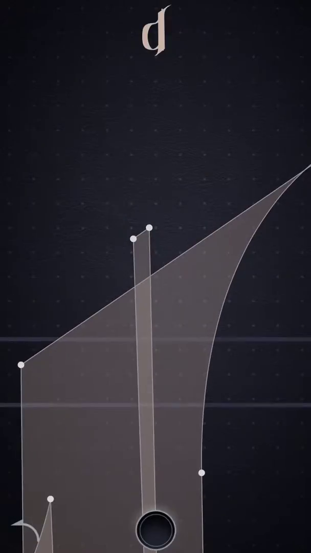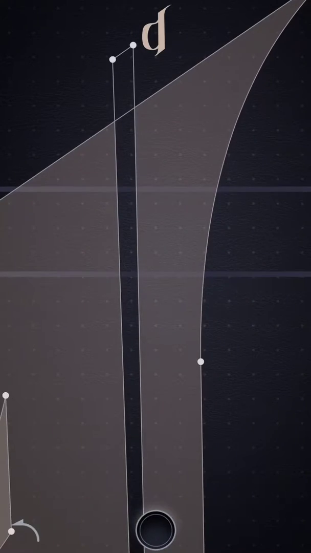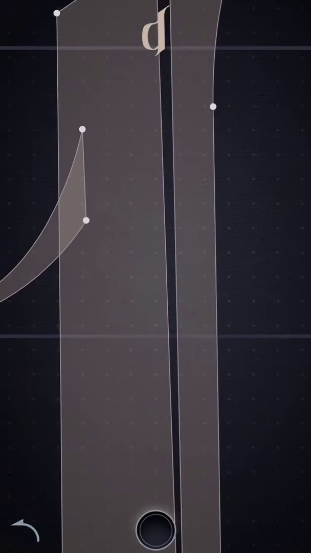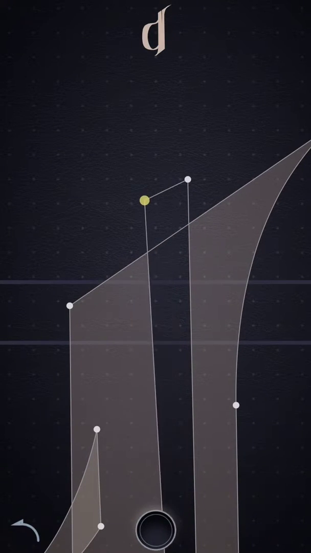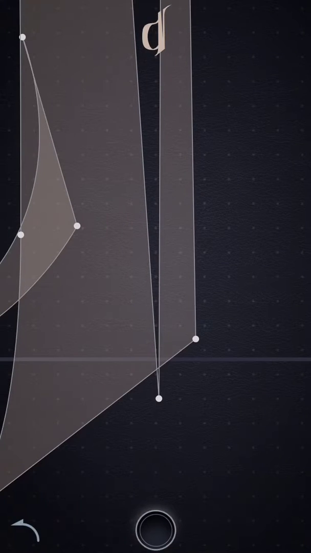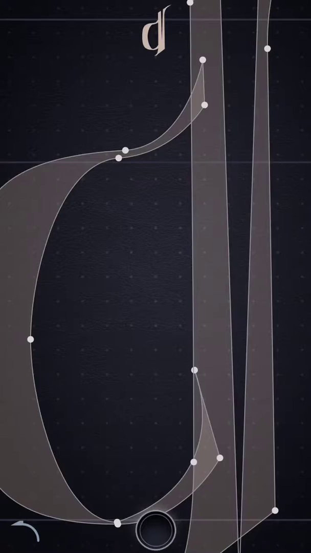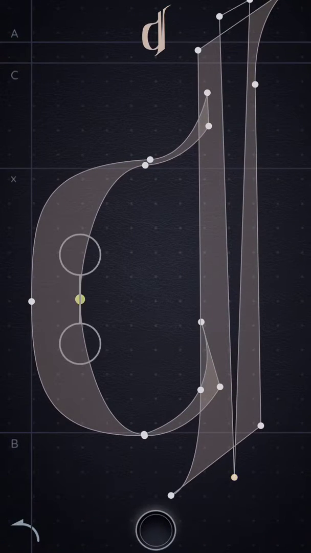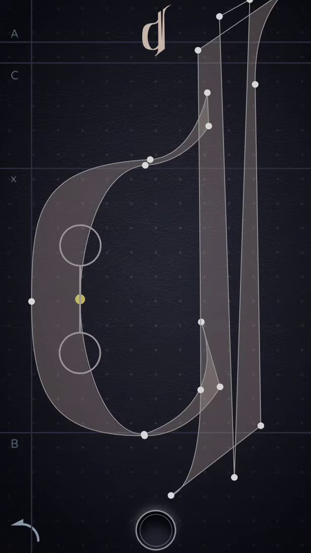So what you can do, if I hit this one and go to the left, you get an empty or a negative space. So let's just widen this guy a little bit. There we go. Let's do it like that.